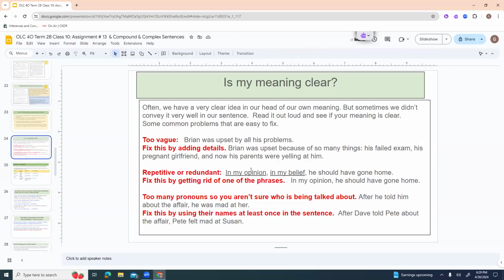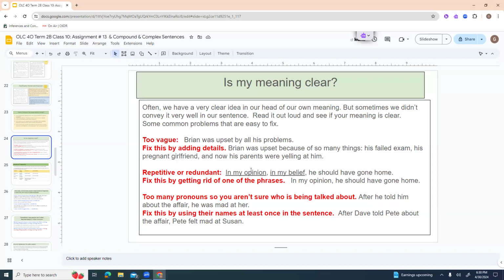Okay. Now, is your meaning clear? Often we have a really clear idea in our head of what we meant, but sometimes the words we actually wrote don't convey it very well in our sentence. So one easy way to check this is read it out loud. A lot of times our eyes miss what our ears won't, and we will hear the mistakes that our eyes missed, okay?